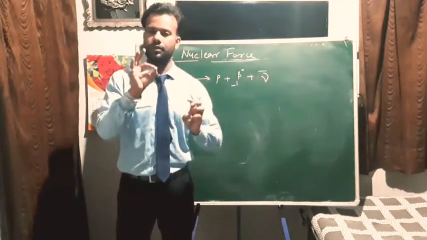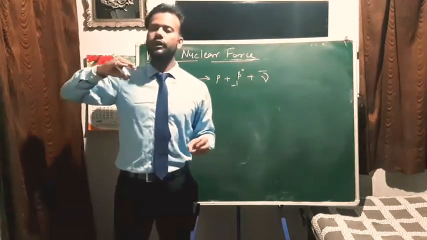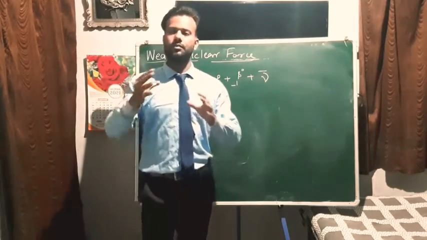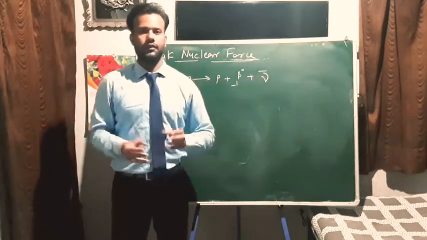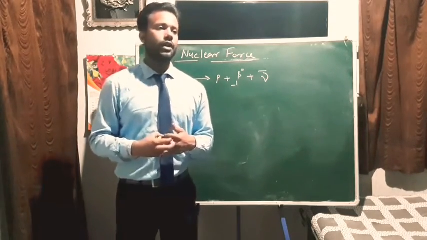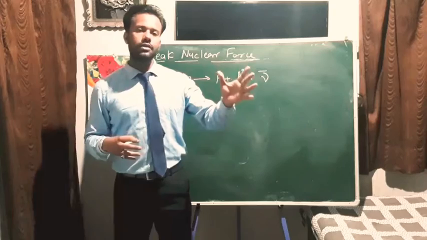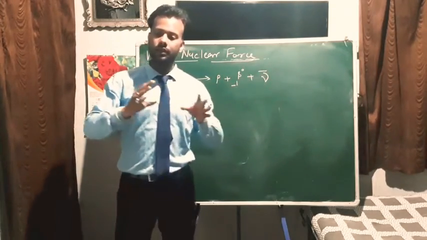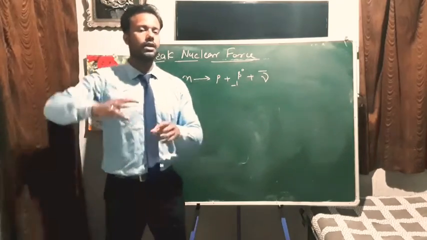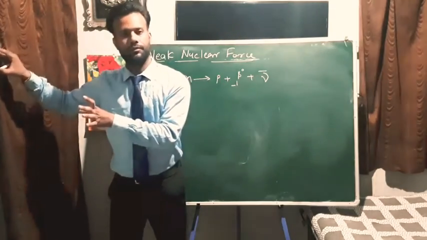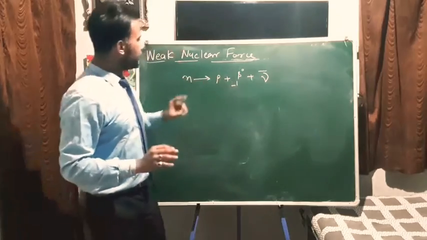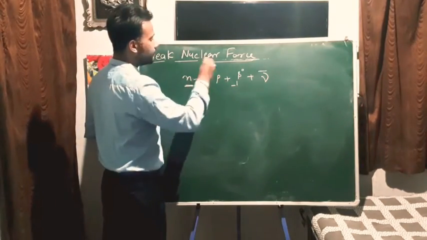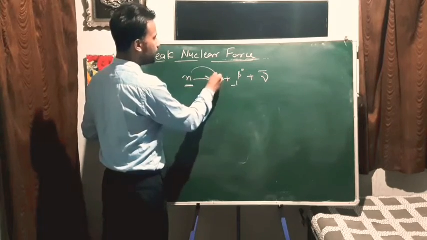I'm not going deeper because this is not part of your syllabus. This is much higher study of particle physics. The electrons are one kind of particle, and the protons and neutrons are another kind. In this case, you can see that the neutron is creating a proton as well as a beta particle.